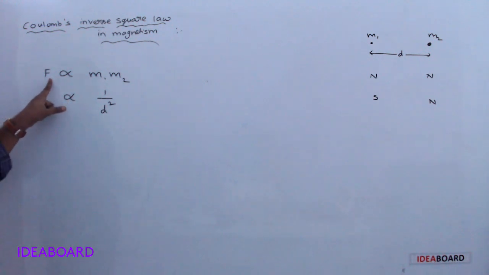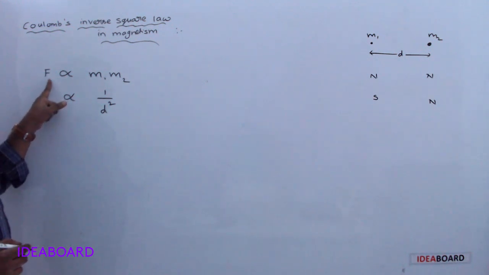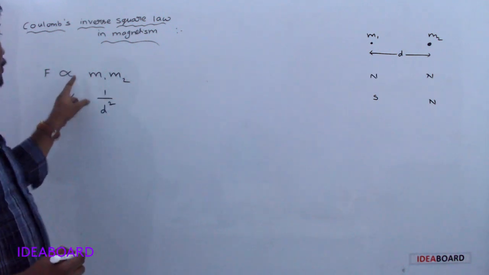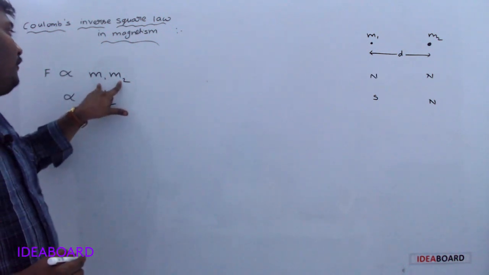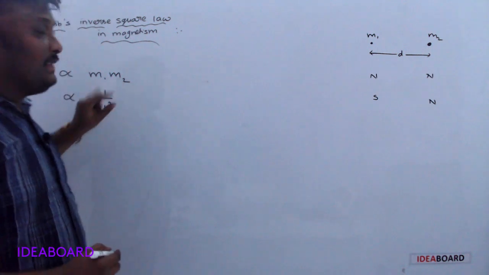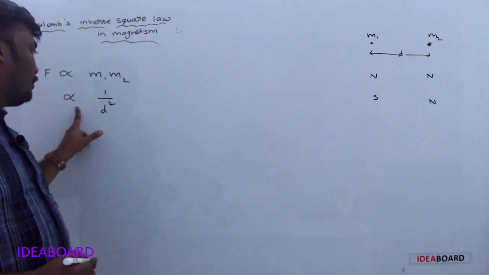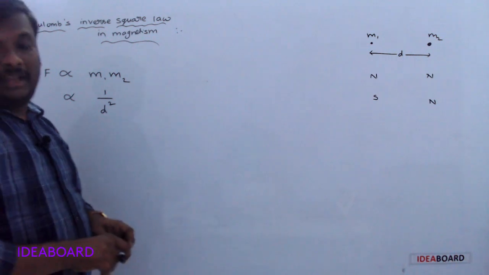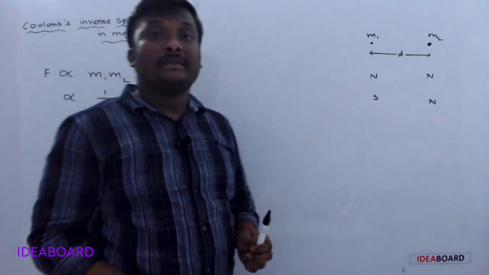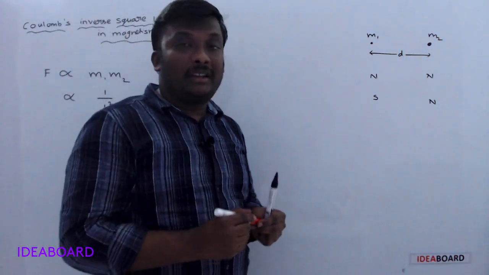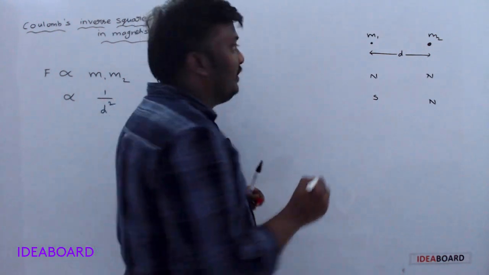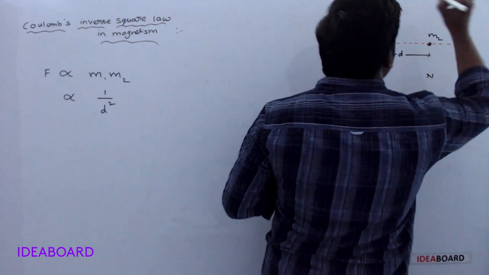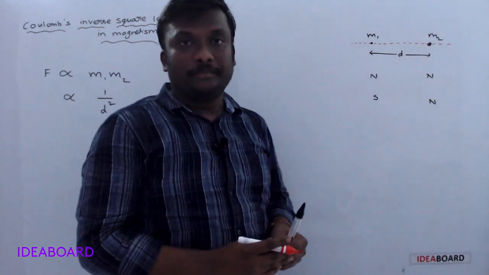It is exactly that. And force is always a vector. Vector means it requires direction. So the direction is always along the line joining the two poles.